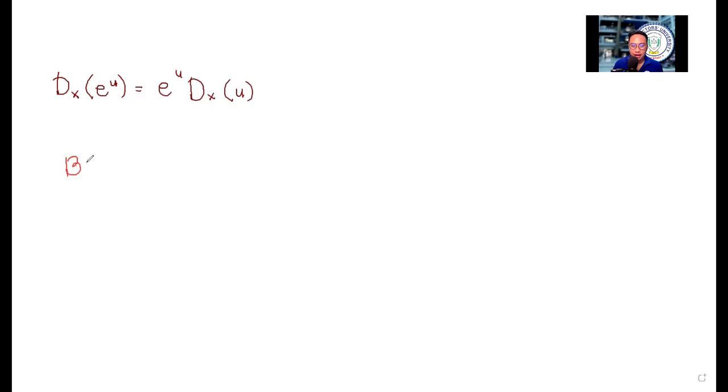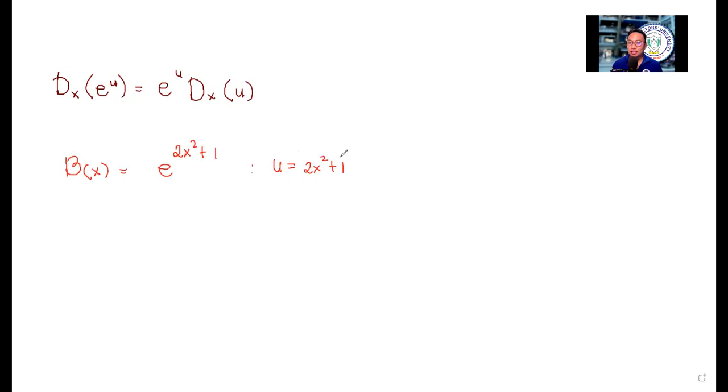I have a function b of x equals e raised to the power of 2x squared plus 1. So if you notice, the u that we have here is 2x squared plus 1. Let me just write u equals 2x squared plus 1. That is not a constant term. 2x squared plus 1 is an expression, not a constant term. In fact, it's a function.